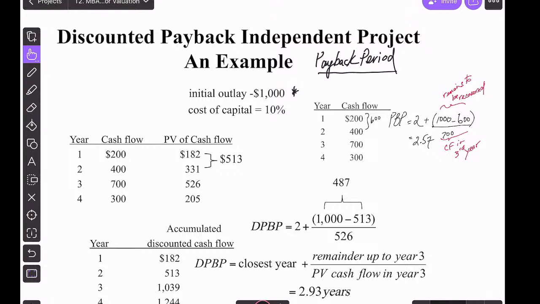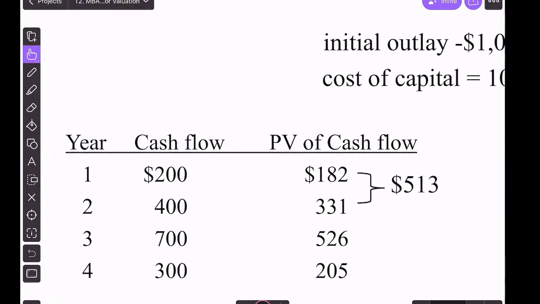Now, what if we wanted to include time value of money? So to include time value of money, we first have to discount future cash flows. So discount one by one. Let me make this bigger. So let's discount each one in turn.